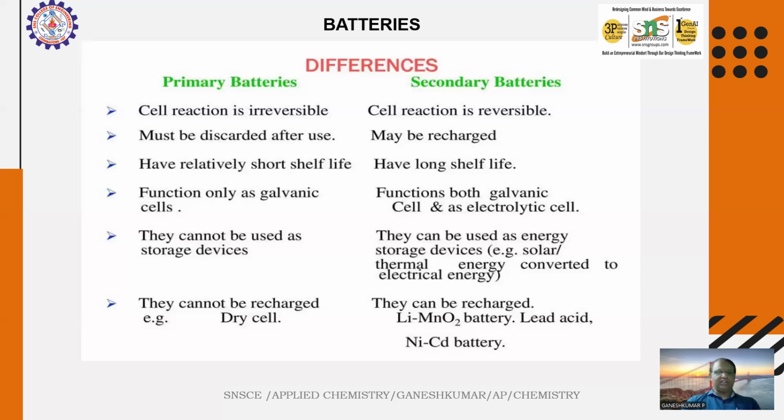Primary batteries cannot be recharged. Secondary batteries can be recharged. Dry cell is an example of primary batteries. Lithium manganese oxide battery, lead acid battery, lithium ion battery, and nickel cadmium batteries are examples of secondary batteries.